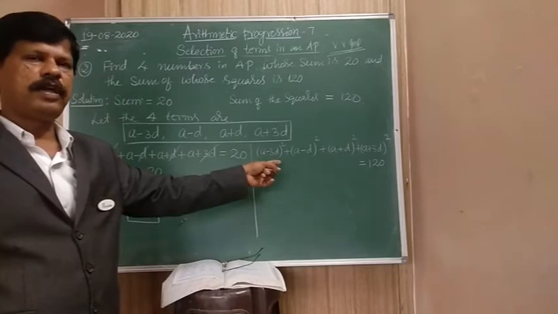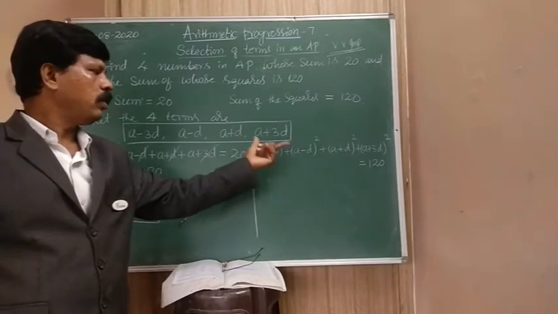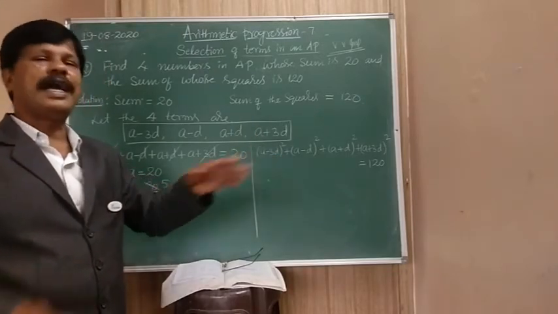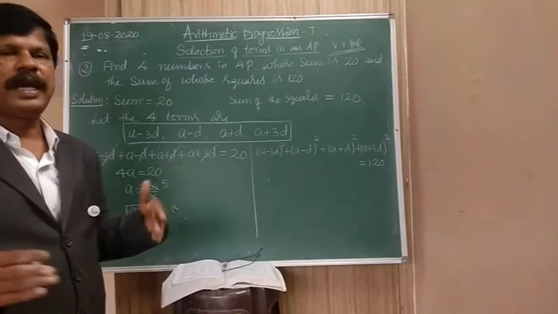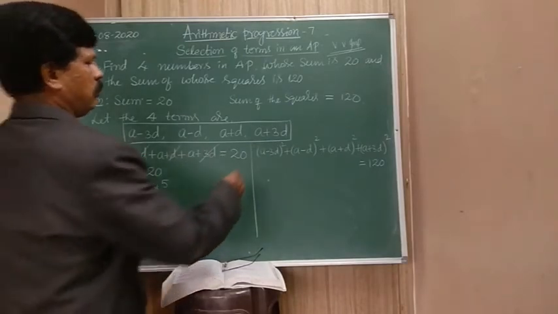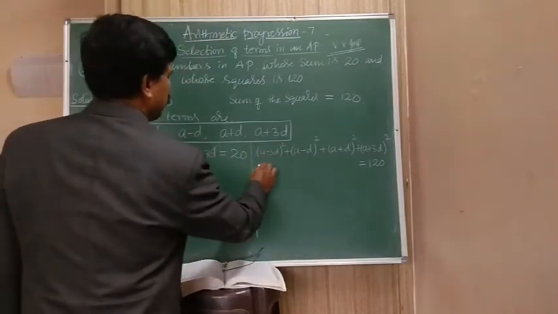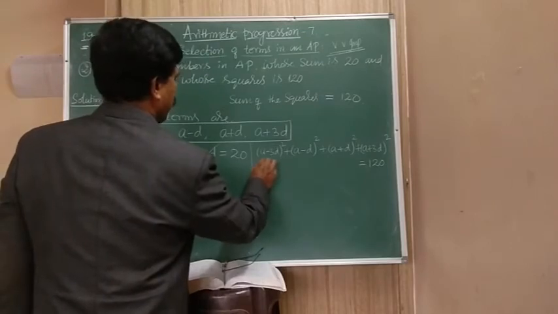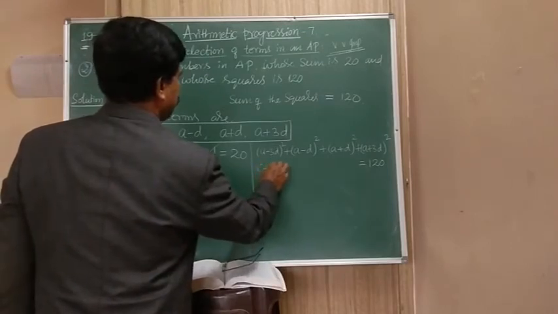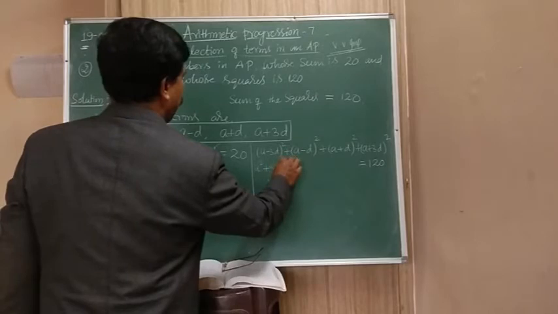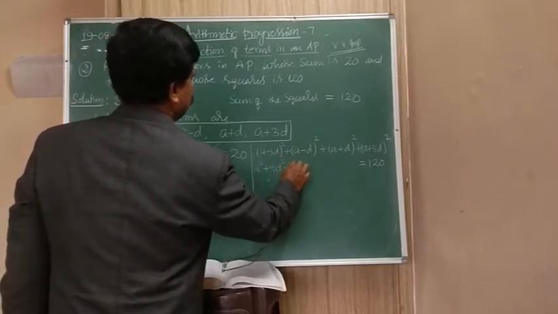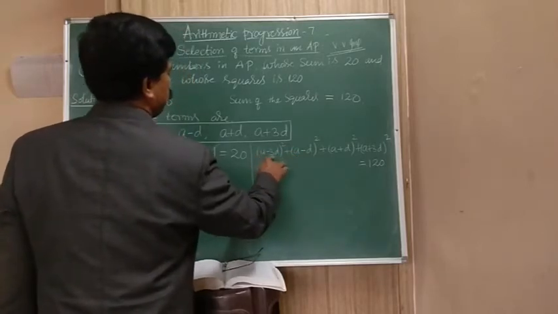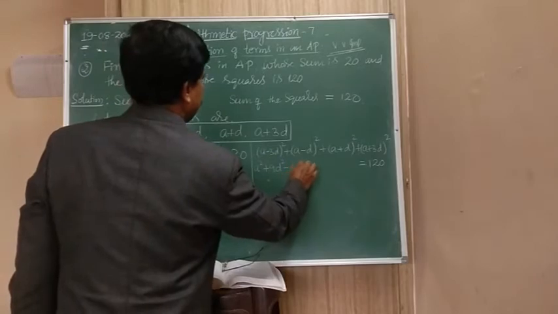Look at that carefully. Now, what you can do is just expand the term. Here this becomes what? A square plus 9D square minus, I am writing directly, 2 3s are 6AD.